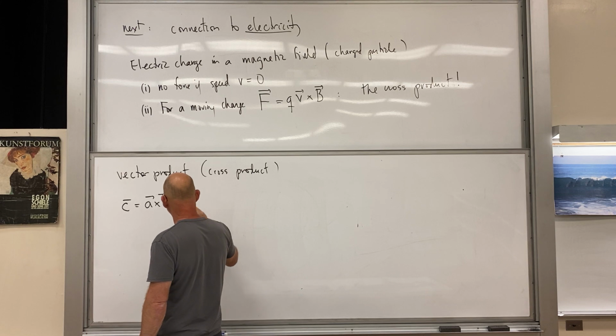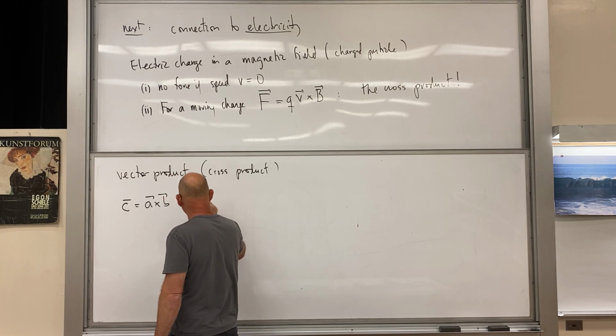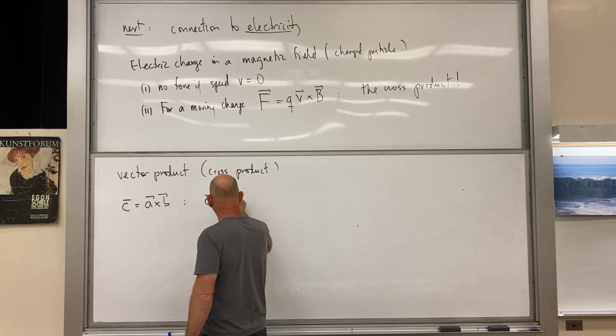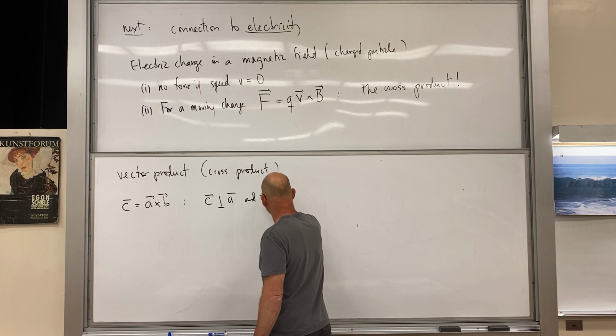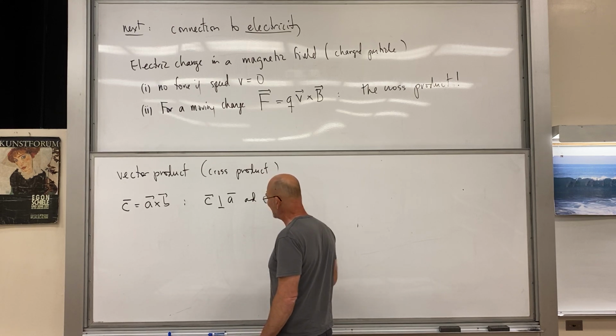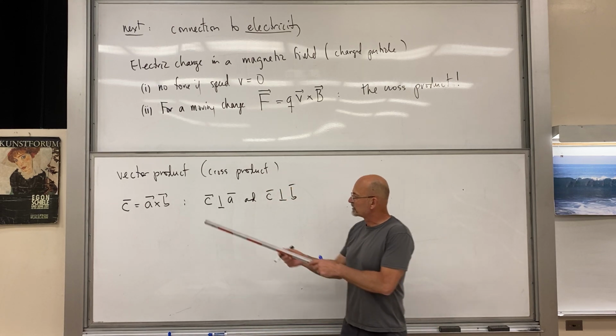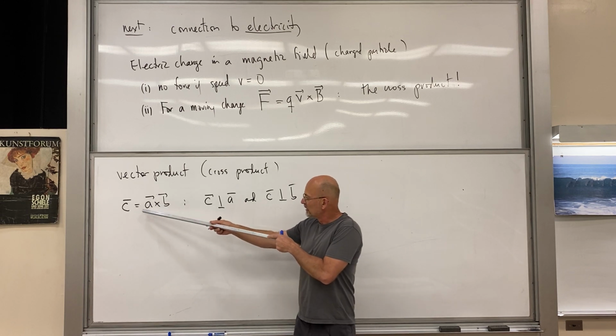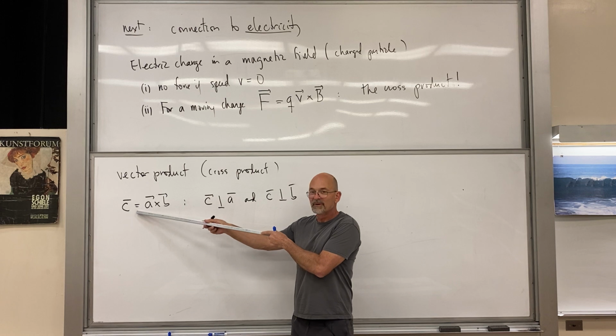Then we have C is perpendicular to A and C is perpendicular to B. So if you think of these two vectors as spanning a plane, then the cross product is perpendicular to that plane.